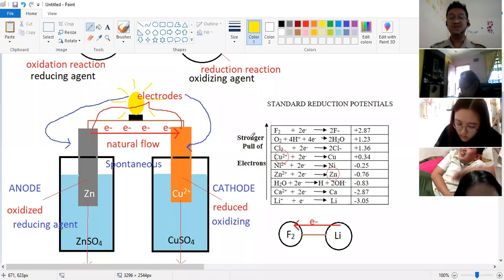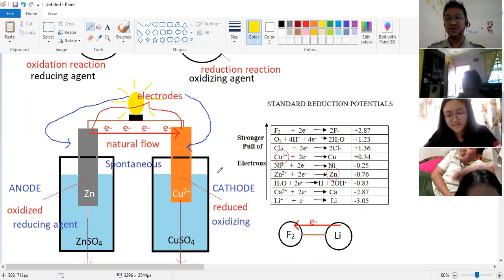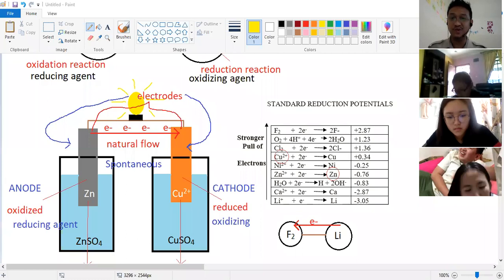Can you give me an example of the usual things that we use that have this spontaneous reaction? We use it all the time, especially at home or in school. Phone, electric circuit, hand phone.